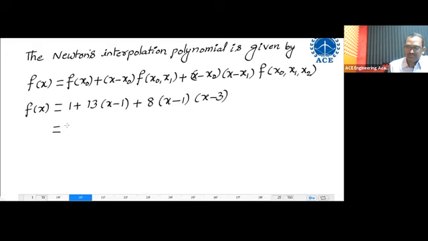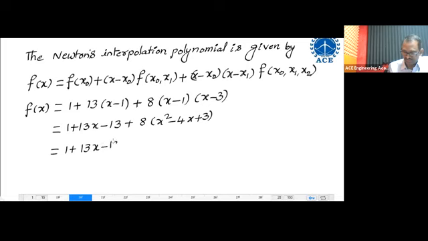Simplify this. 13x minus 13 plus 8 into x square minus 3x minus x minus 4x plus 3. 1 plus 13x minus 13 plus 8x square minus 32x plus 8 3s are 24.